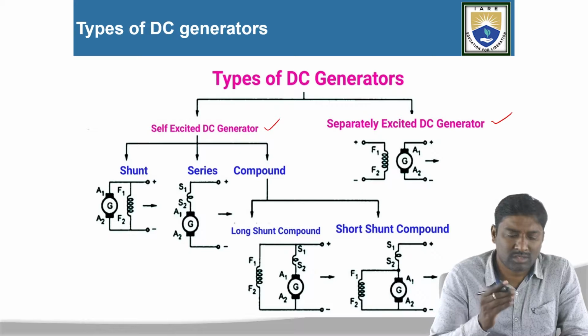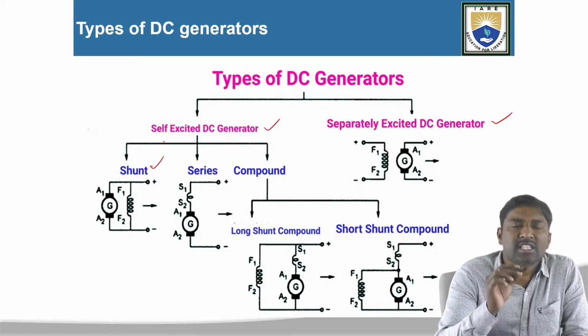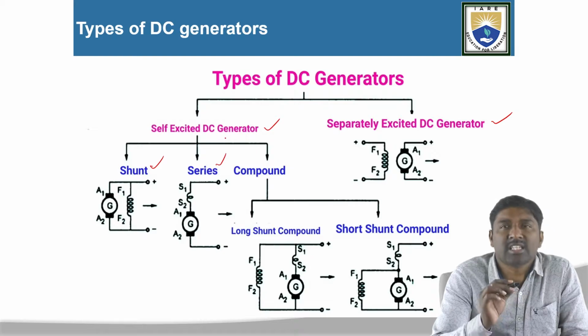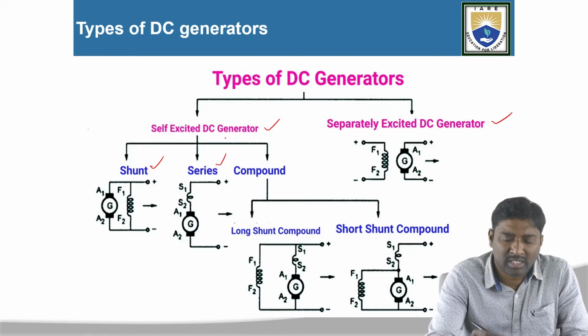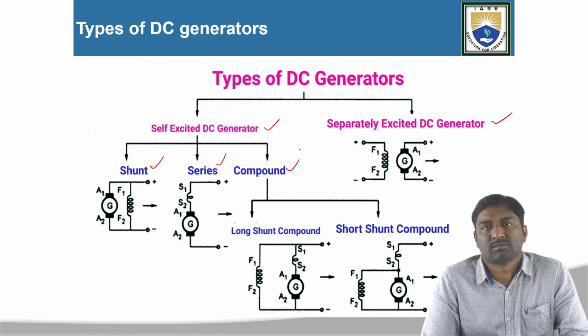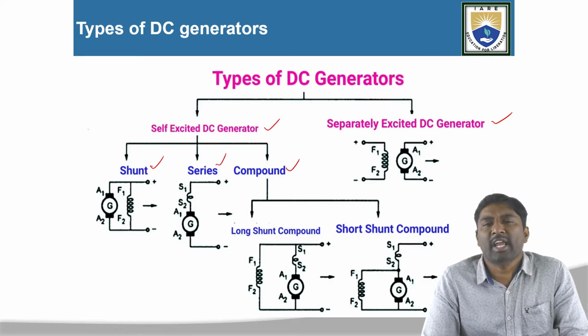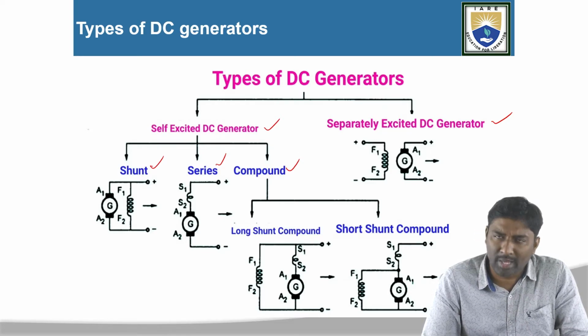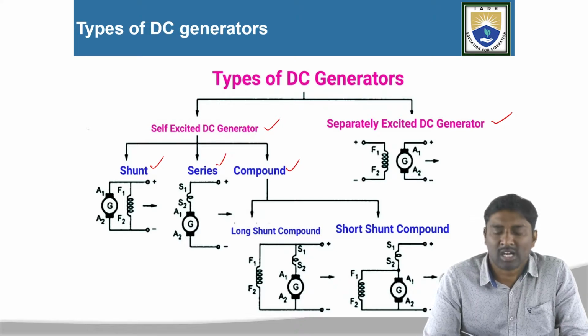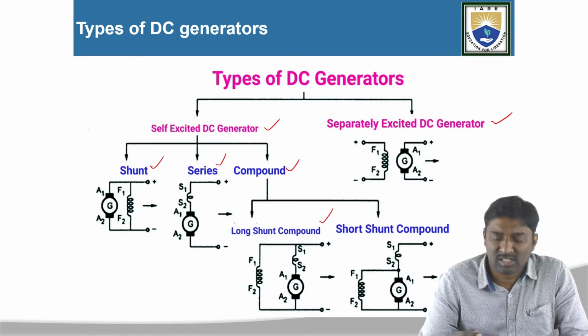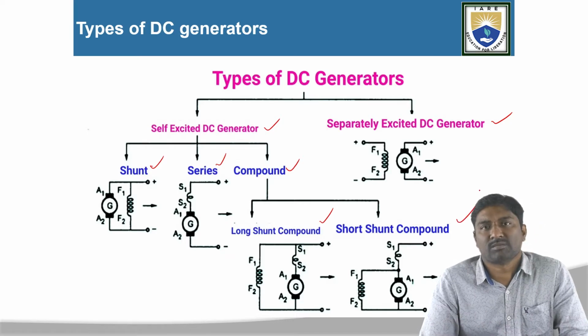We have the DC shunt generator, DC series generator, and DC compound generator. The compound generator is again classified into two types: long shunt compound generator and short shunt compound generator.